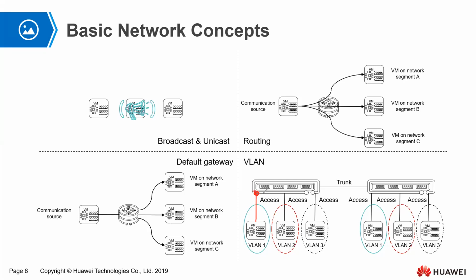The access interface can only connect to the access link, and only packets carrying the default VLAN ID of this interface can pass through. If the VLAN ID of this interface is, let's say, 1, only packets with that VID can pass. We already said the VID is used to determine the VLAN.